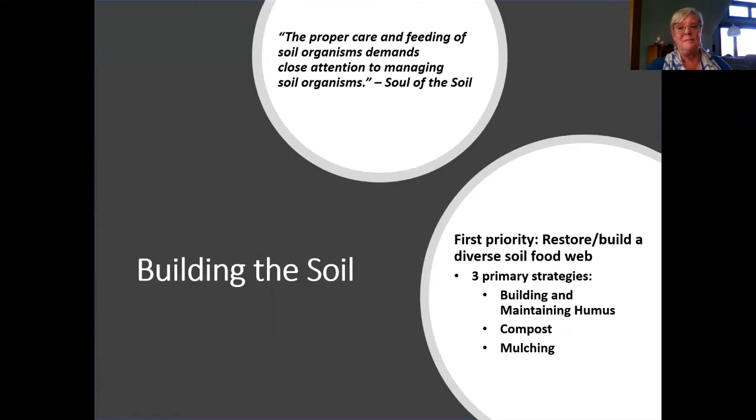So proper care and feeding of soil organisms demands close attention to managing those soil organisms. Again, another good quote from Soul of the Soil. So the first priority in restoring your soil food web involves 3 primary strategies: building and maintaining humus, composting, and mulching.